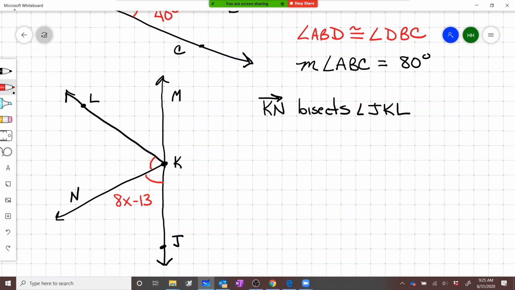And the measure of angle NKL is 6x plus 11. You need to find the measure of angle JKN.